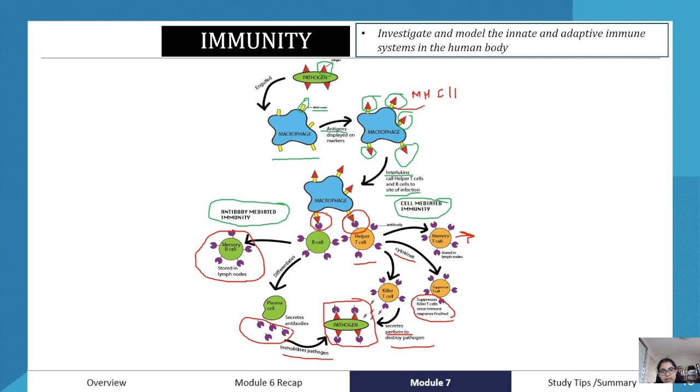Right there, these yellow thingies, right? And then after that, they go ahead and call the helper T cells and B cells. And once these cells come, they make these antibodies that can then latch on to all the antigens, all the pathogens. The pathogen has replicated by now, so they latch on to the pathogen and deal with it. That is the whole process.